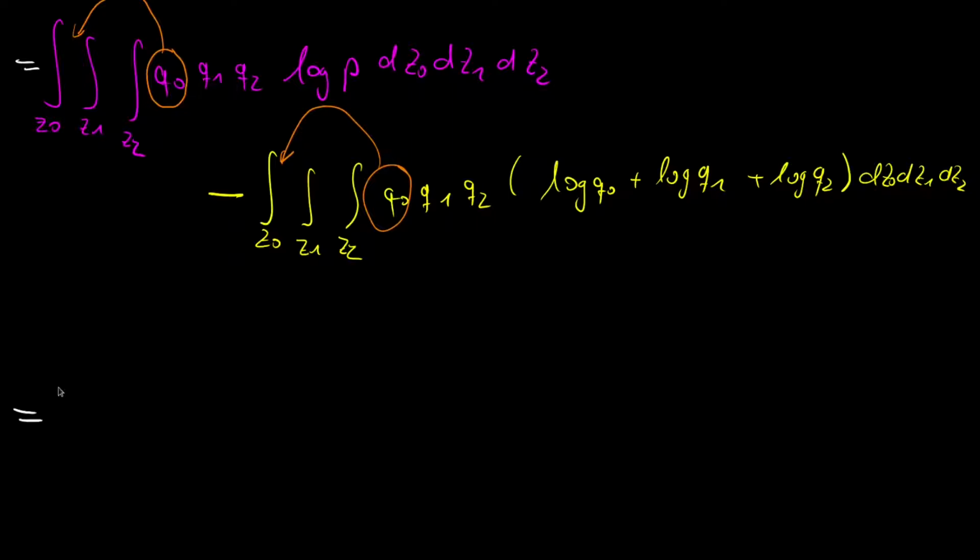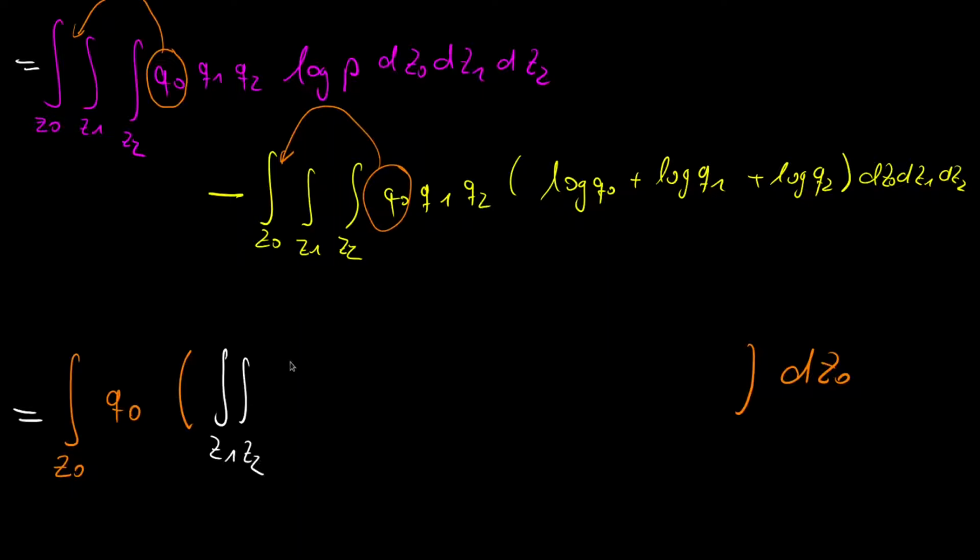So we have the integration over z0 over q0, and then opening brackets and closing brackets dz0. And then accordingly, we have to rearrange whatever was in here. That was the integration over z1 and z2 over q1, q2 over the logarithm of our joint, then dz1, dz2.